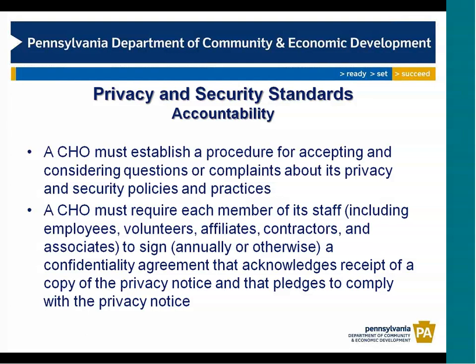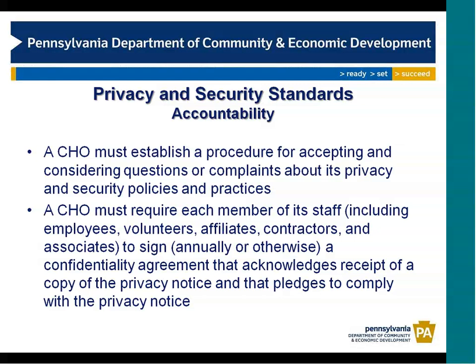Now, much like any person that registers and wants an account with the PA HMIS system, we do need to have a system user agreement that goes over confidentiality and privacy notice information.